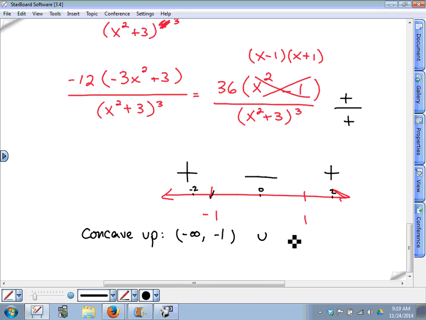It's also concave up from 1 to infinity. It'd be concave down over the interval negative 1 to 1.